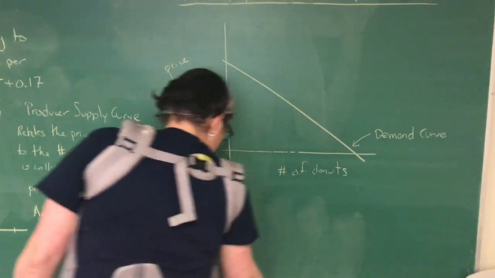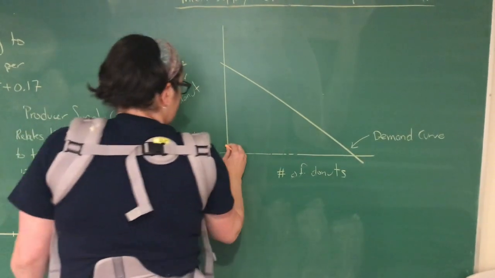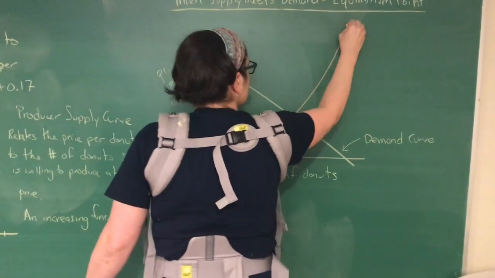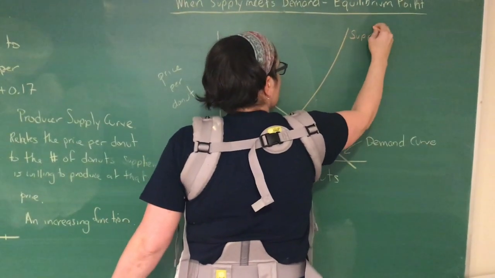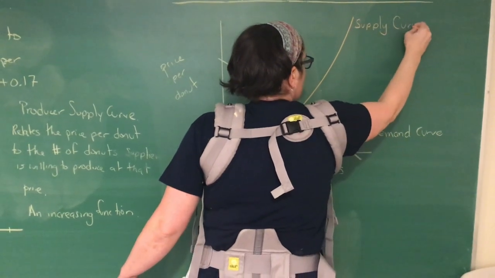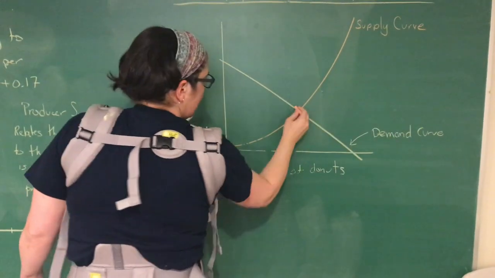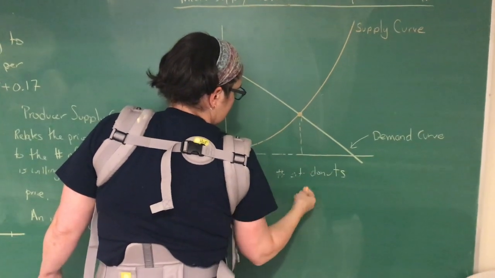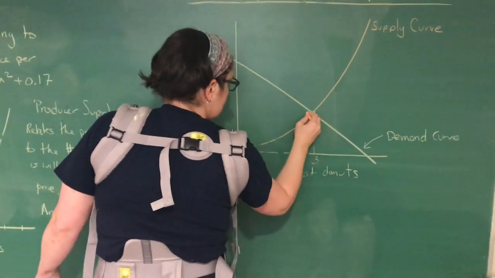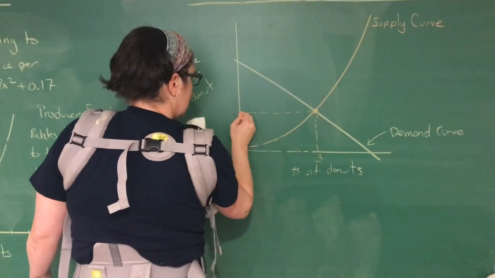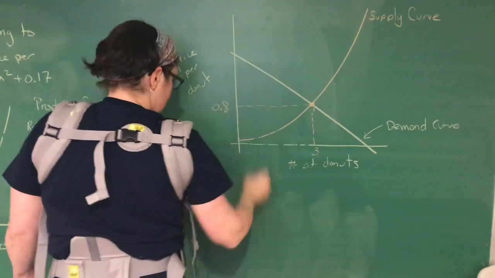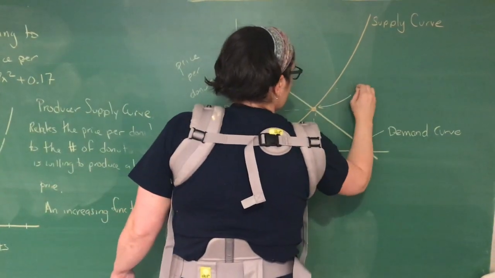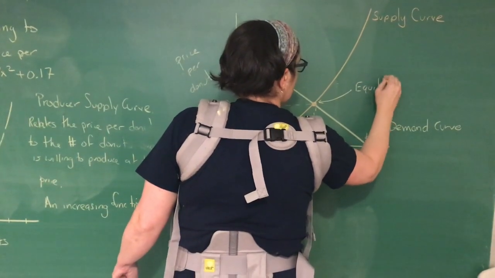And then we have our supply function, which is an increasing function. And so this is our supply curve. And their intersection point, according to our graphing calculator, we have an x value of 3 and a y value of 0.8. So we call this point right here our equilibrium point.